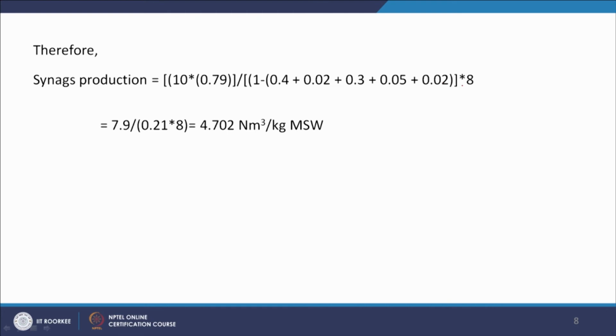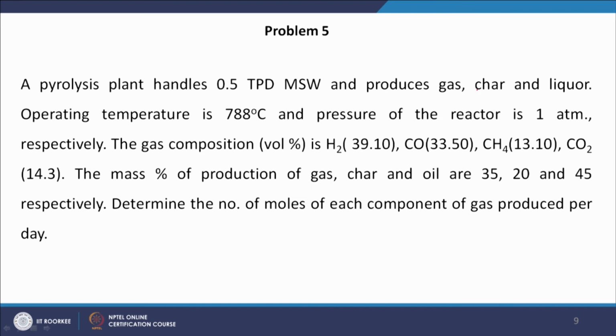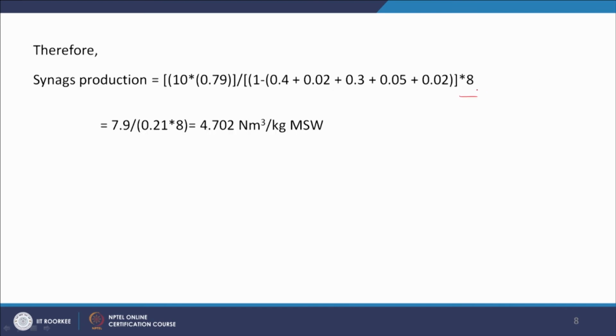This has to be multiplied by the feed rate, equal to 8 kg per second. This is the syngas production. Solving this, we get 4.702 normal meter cube per kg MSW. So now we are able to solve the problem.